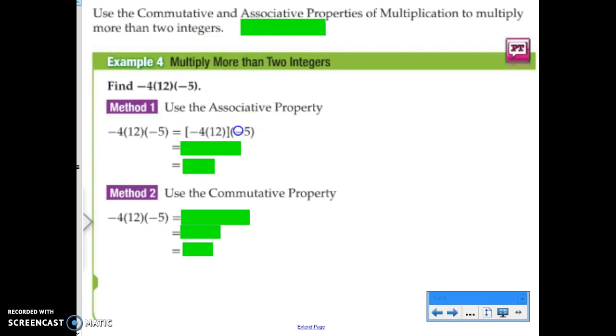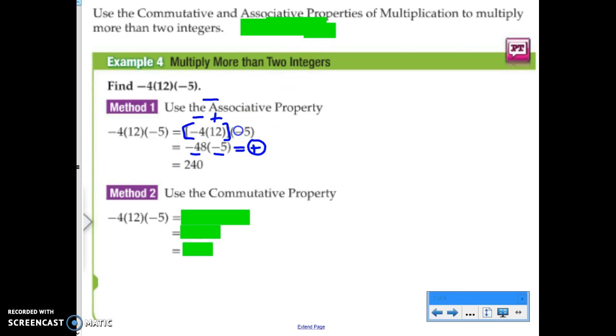We put negative 4 and 12 in brackets here, as you can see, and a negative times a positive gives us a negative. So we will be left with negative 4 times 12 gives us negative 48. Now we need to take negative 48 and multiply that by negative 5. Remember, a negative and a negative multiplied together is going to give you a positive, and negative 48 times negative 5 gives you 240.